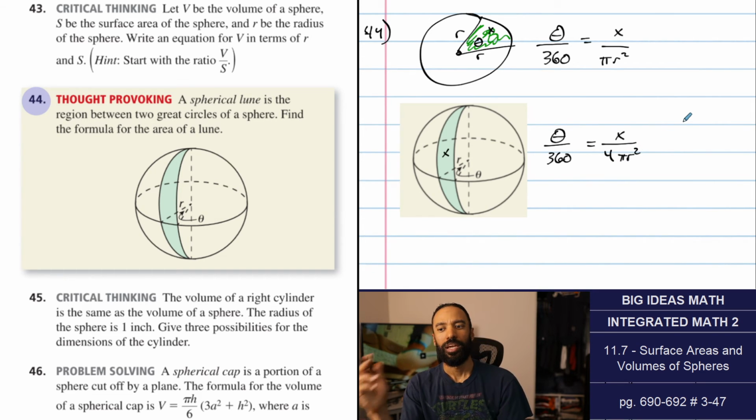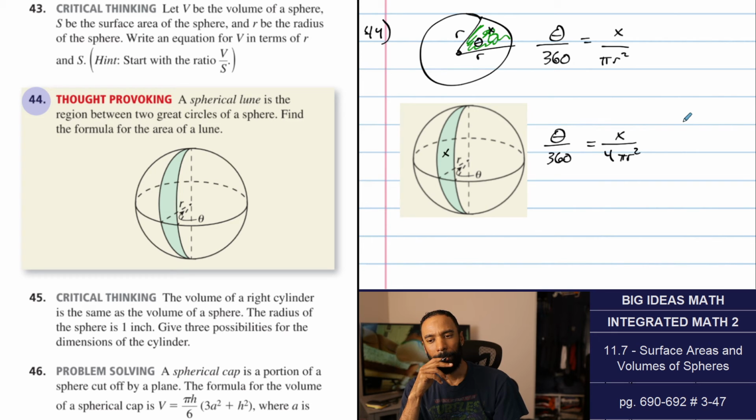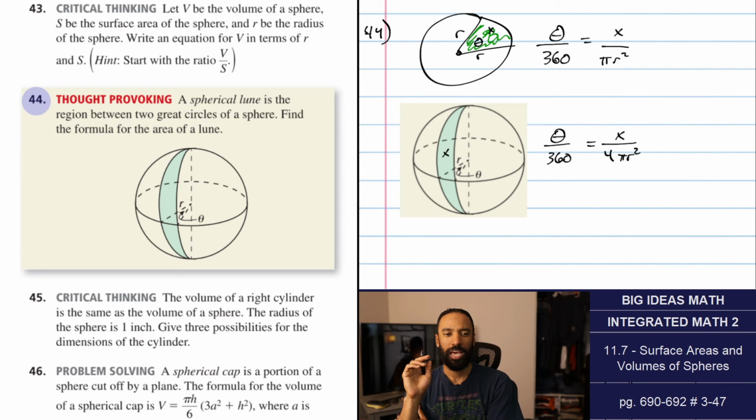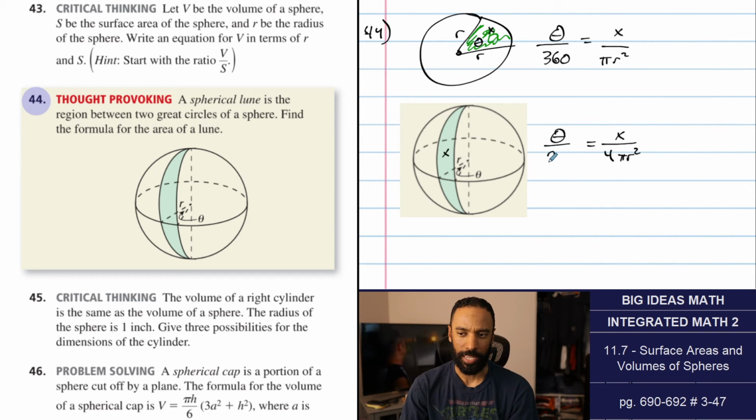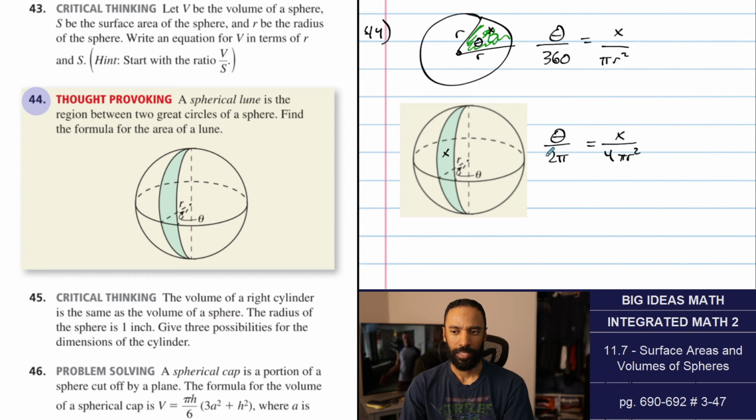It's like the same thing. The only thing, though, is I don't know if they're going to do 360 for these things. I feel like this would be a radian measure thing. I'm going to guess they use radians for this kind of thing, not 360. So I'm going to use, in terms of radians, 2 pi as the radian equivalent of a full circle.